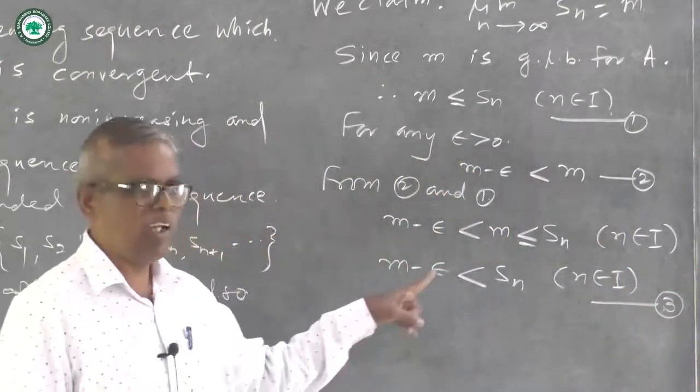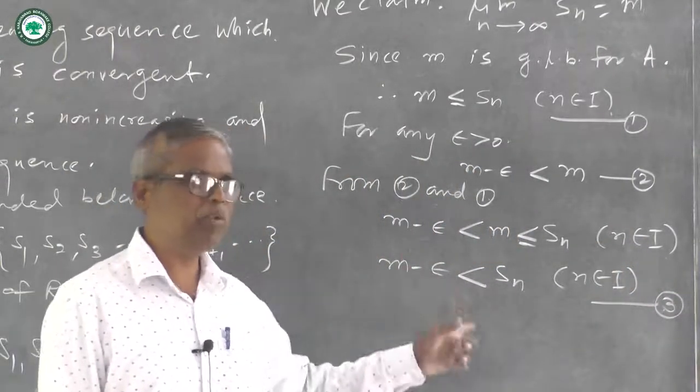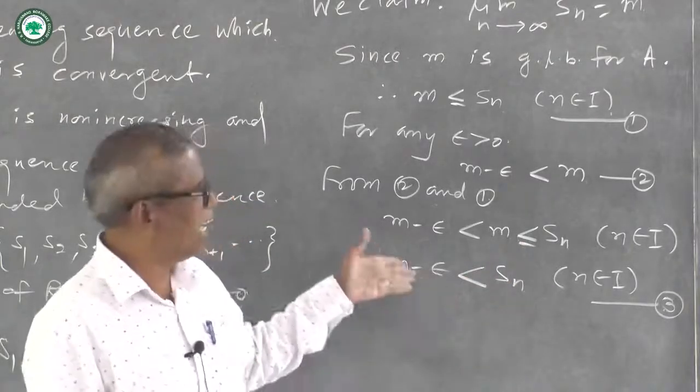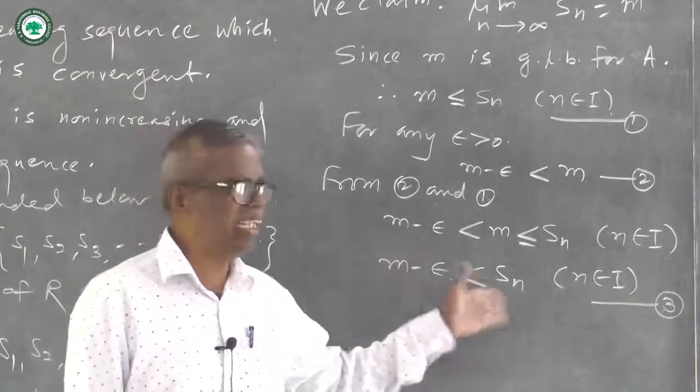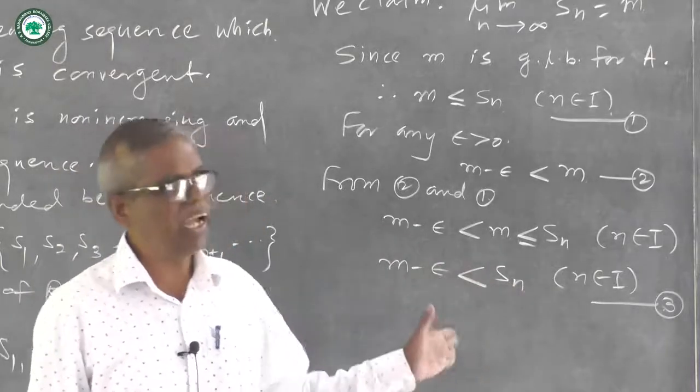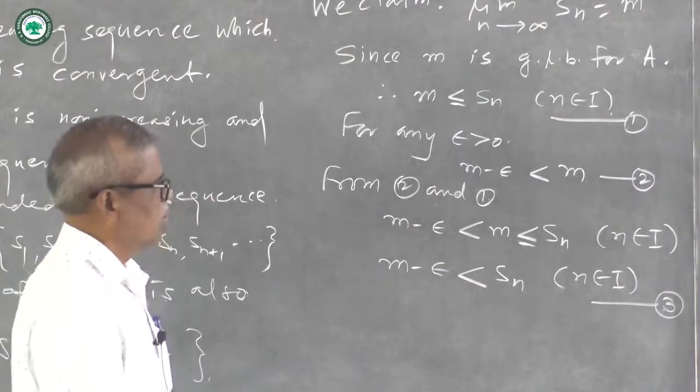M minus epsilon less than S1, M minus epsilon less than S2, M minus epsilon less than S3, and so on. M minus epsilon less than Sn, M minus epsilon less than Sn plus 1, and so on.